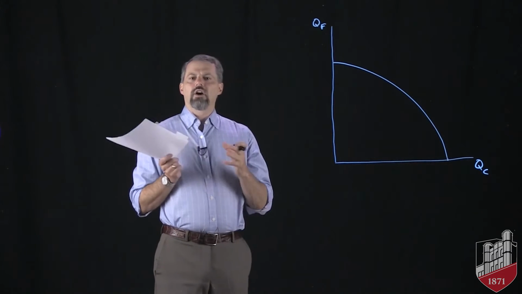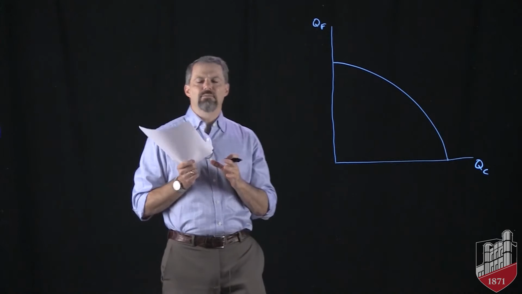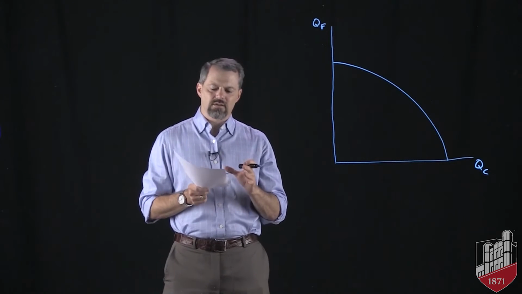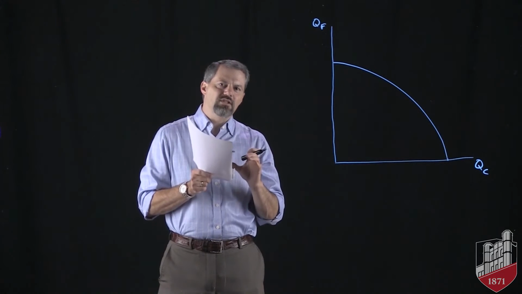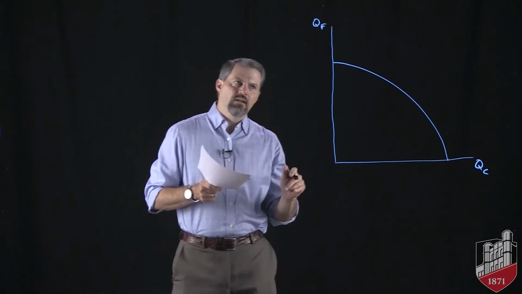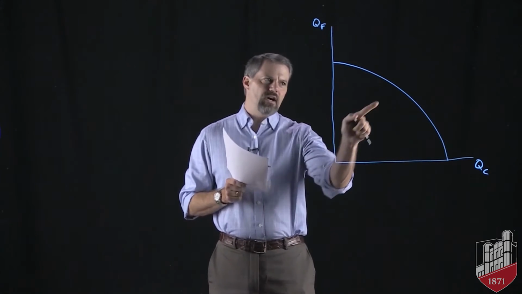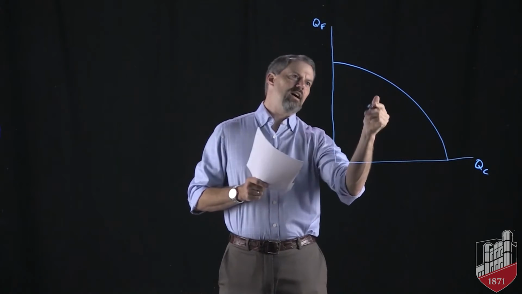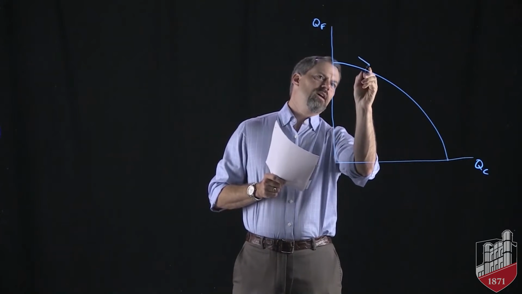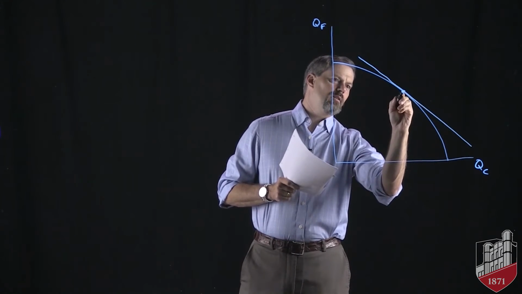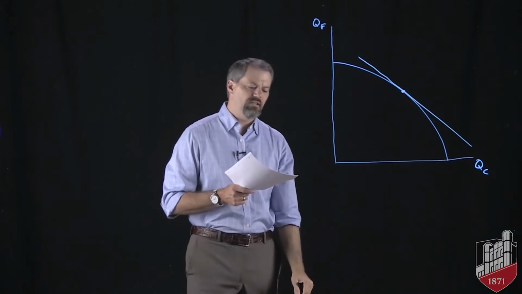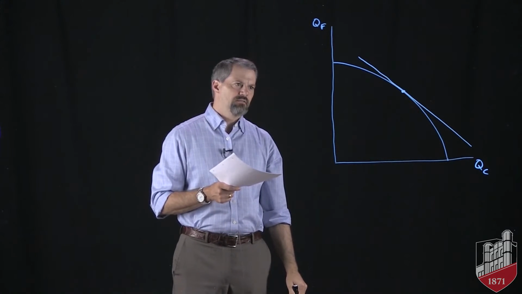We know that our economy is going to maximize the value of its production, so we can represent the value of its production with an iso-value line, and the economy is going to try to reach the highest iso-value line, which leaves us with a tangency between the production possibilities frontier and the iso-value line.